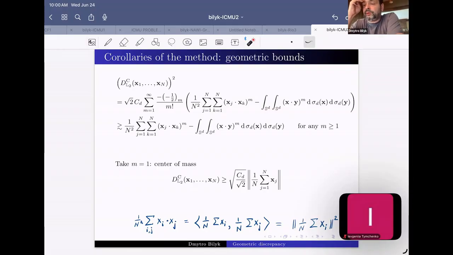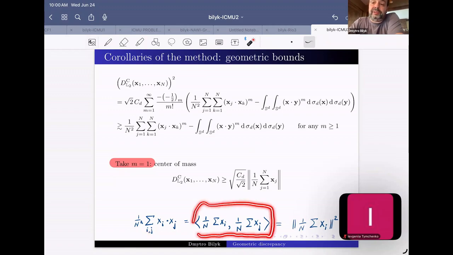For low values of m, you can find nice geometric interpretations. Let's take m equal to 1. Well, this is 0, as we know, since it's an odd number. But then this sum here, it's very easy to see that it's the inner product of these two sums. In other words, it's the norm squared of this sum.